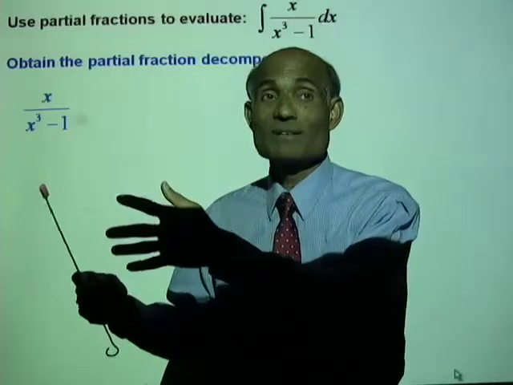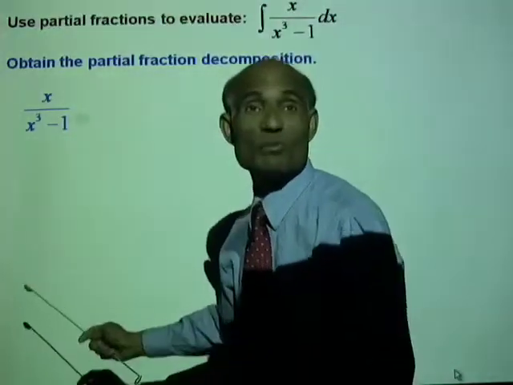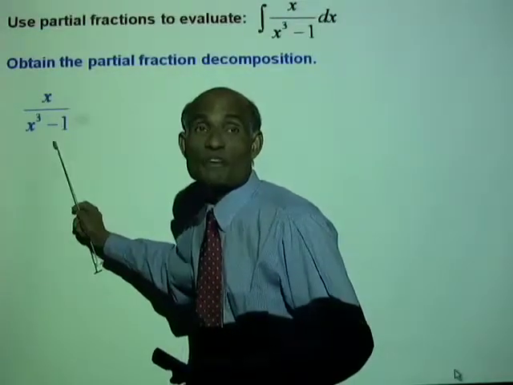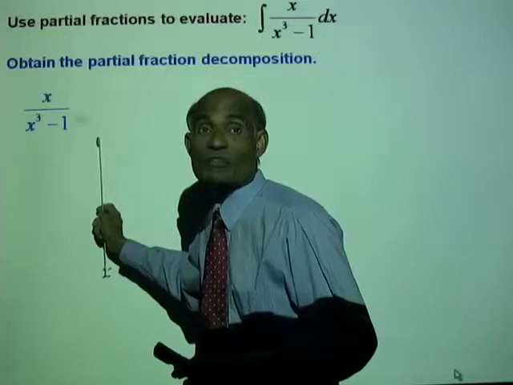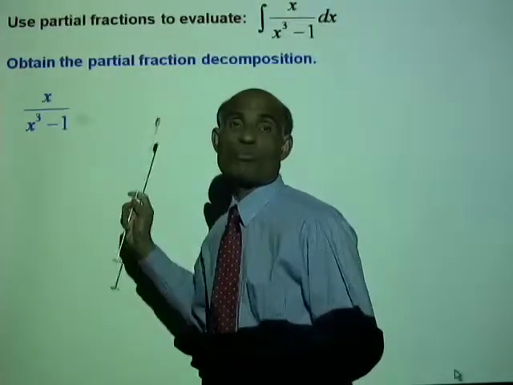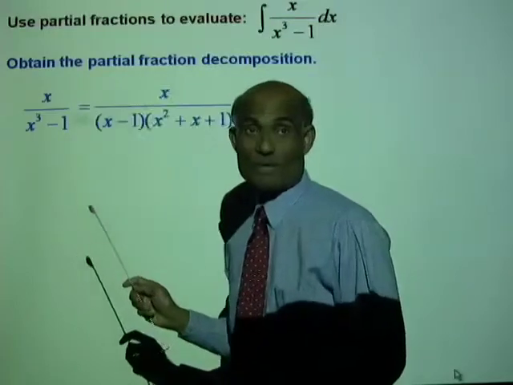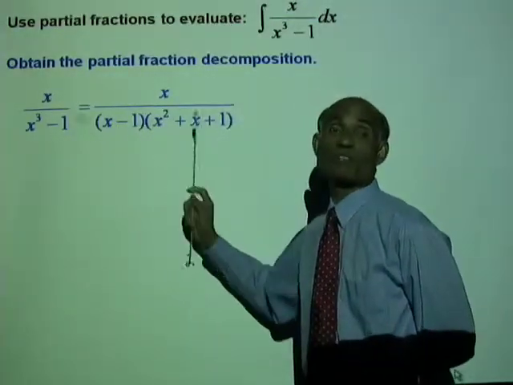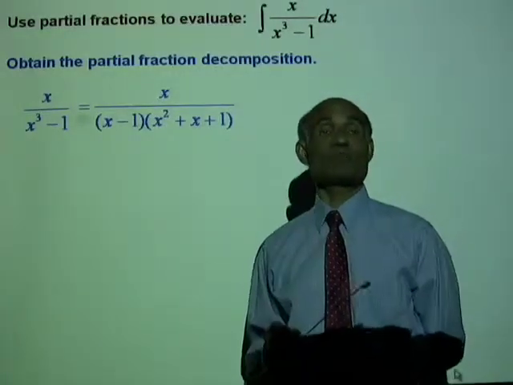Is that right? Now this is a cubed minus b cubed form. x cubed minus 1 is x minus 1 times x squared plus x plus 1. Right? Yes. So x cubed minus 1 is x minus 1 times x squared plus x plus 1.